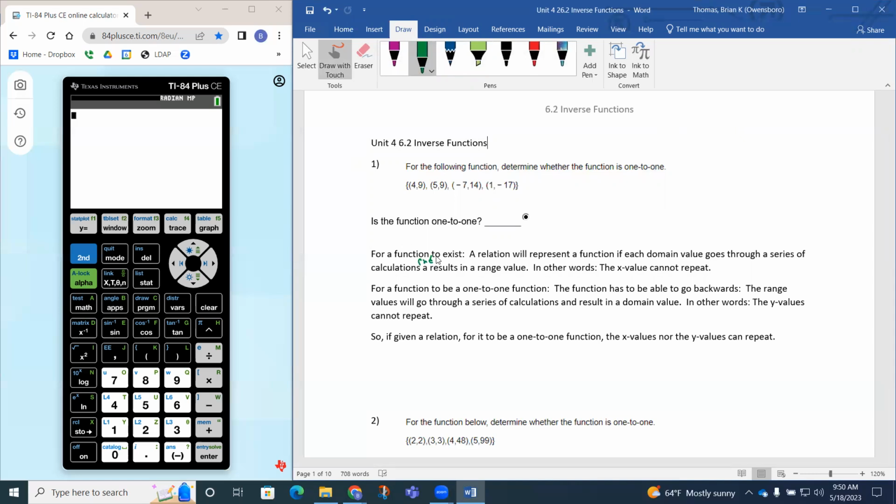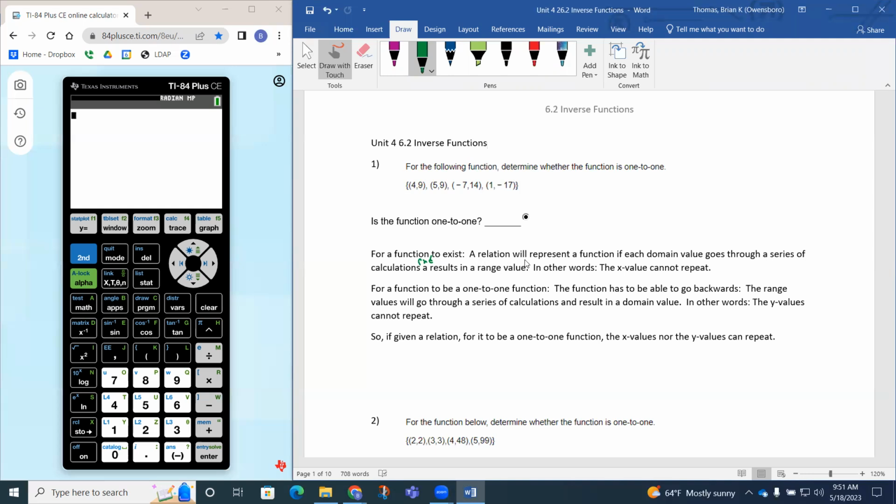So remember, a function, input values go through some type of formula, and it results in an output value. We also call that input values domain, output values range. So a relation is kind of just, it represents only some of the solutions in a function.